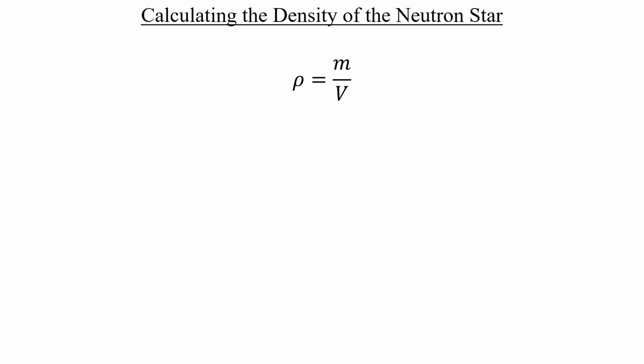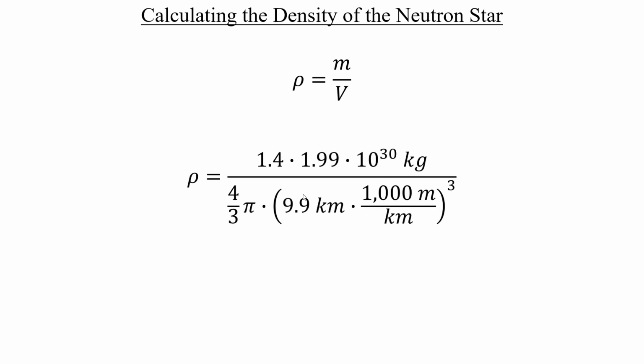Do be aware that since we're comparing this density result against other densities that are in kilograms per cubic meter, our result here should have the same units as those as well. And that's a pretty easy thing to incorporate. It's just down here in the denominator, when you're doing 4/3 pi r cubed, include a conversion factor for r that switches things over from kilometers back to meters.